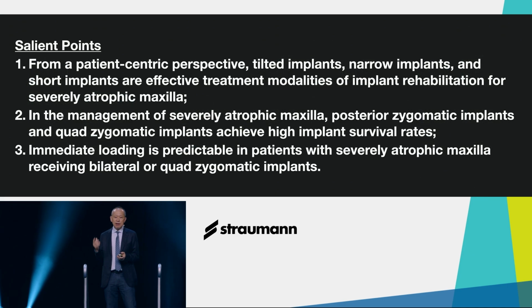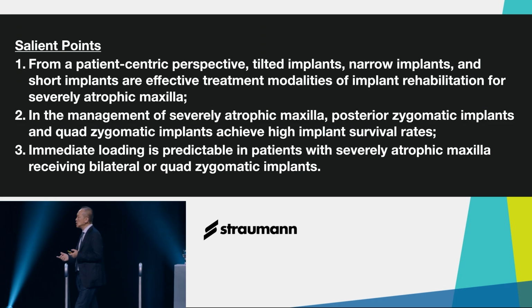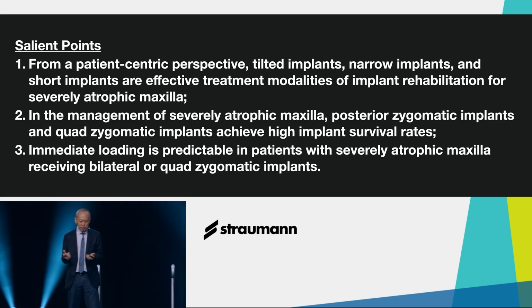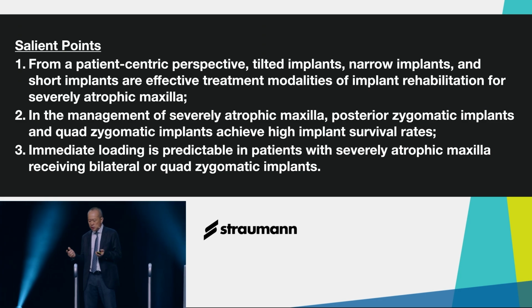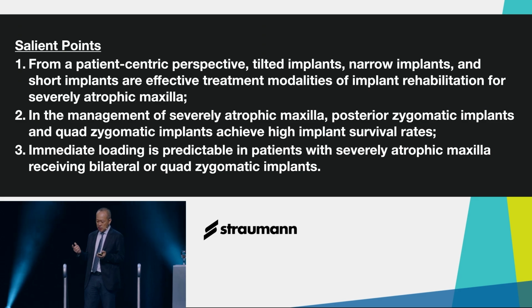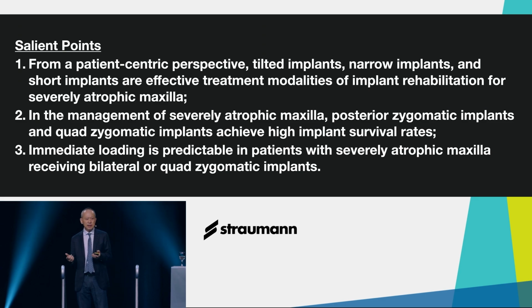To summarize some salient points of this presentation, firstly, from a patient-centric perspective, tilted implants, narrow implants, and short implants are effective treatment modalities in the implant rehabilitation for severely atrophic maxilla.